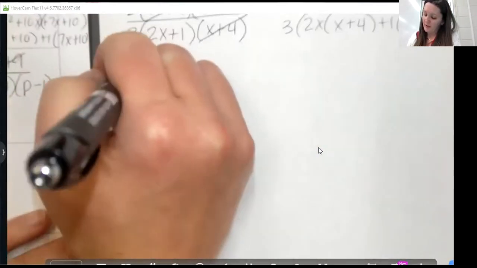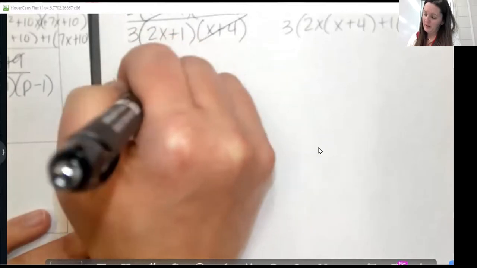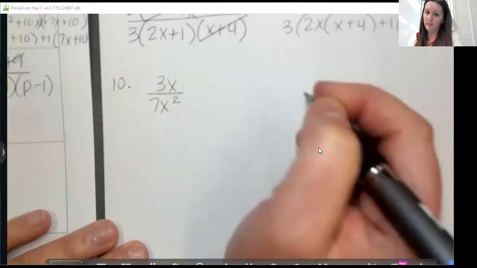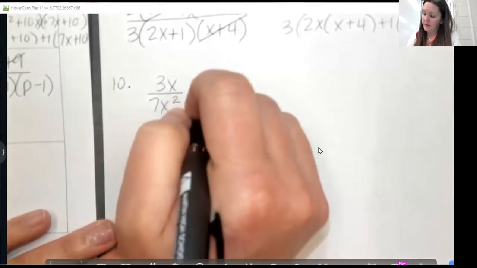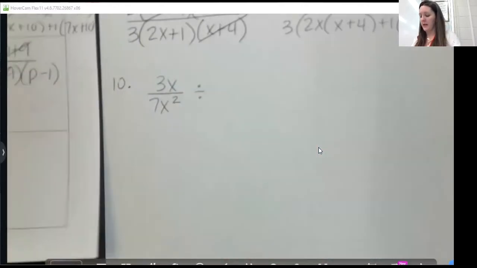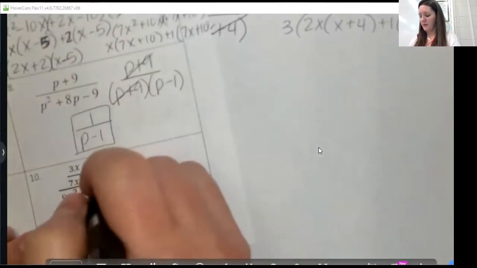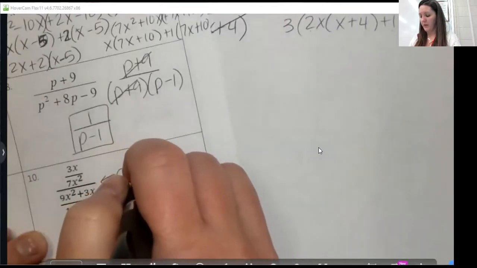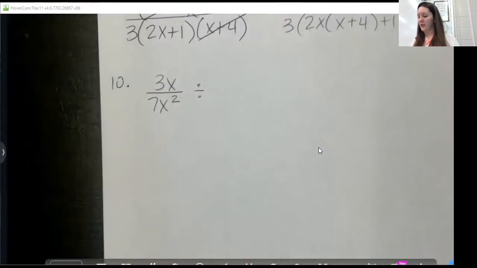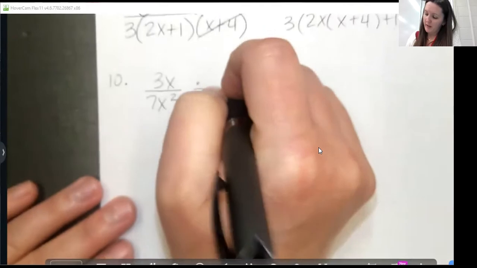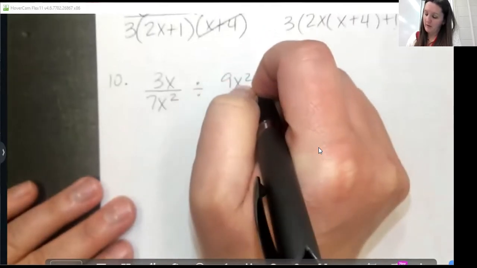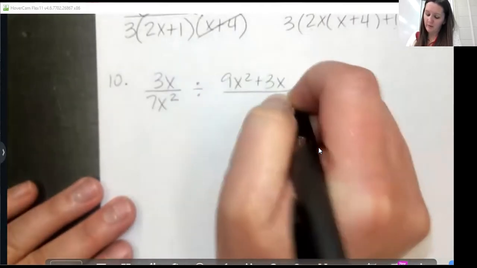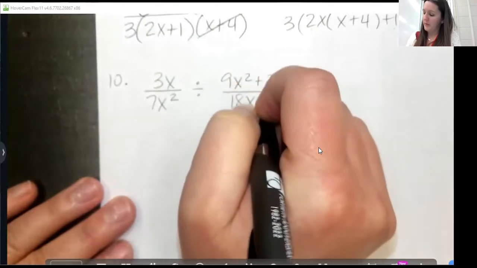All right, number 10, I'm going to do on paper as well. So this is number 10. We have 3x divided by 7x squared. Now I'm going to write it like this because this line here means divide, right? You will have one like this on the test, divide. So I'm just going to write it like this, divide horizontally. Help us think about it a little bit better. Divided by 18x plus 6.